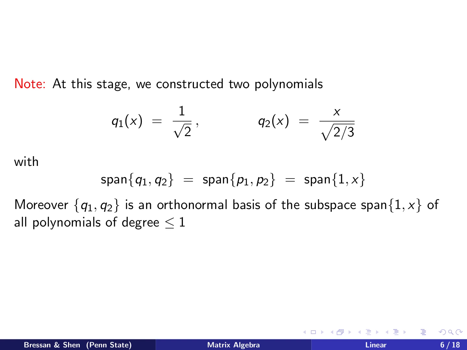They are the same. And what are P1, P2? They are 1 and x, right? Furthermore, Q1, Q2 is an orthonormal basis of this subspace, the span of 1 and x. That is, the subspace of all polynomials of degree less than or equal to 1.